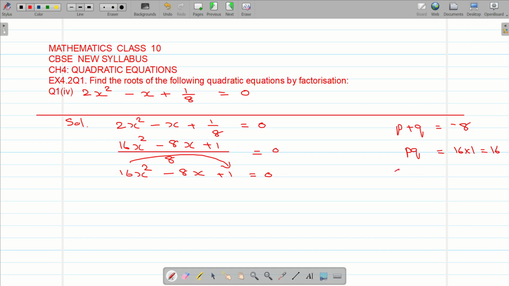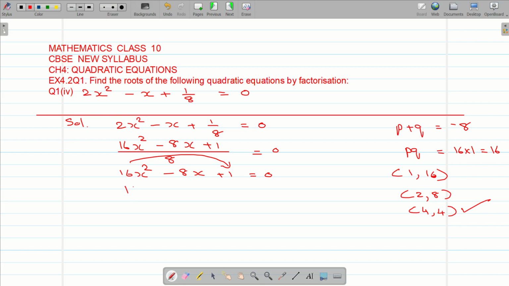Which are those factors? 1 and 16. If the product is positive, we are going to see the sum of the factors. 1 plus 16 is not equal to 8. 2 and 8. 4 and 4. 4 plus 4 is equal to 8. And both the factors are negative.